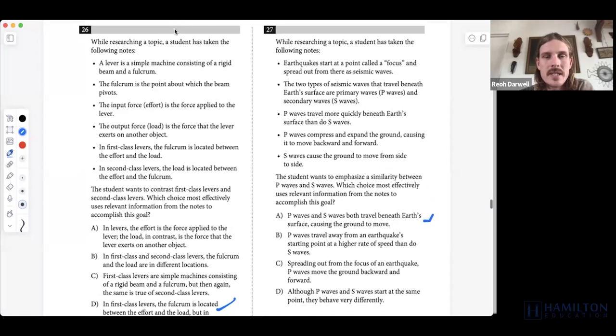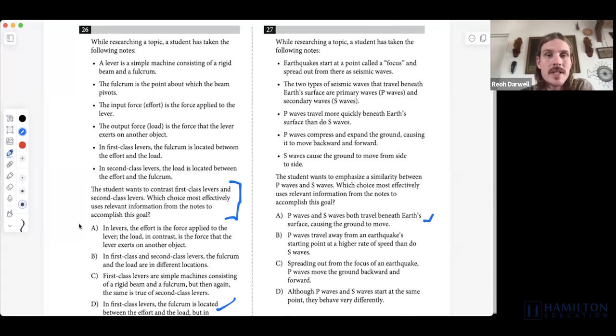Question 26 is a rhetorical synthesis question. This question type is the rare question type that I would recommend looking at the question first. No other question type on the reading and writing should you do that. If you're doing that, you're setting yourself up for traps. And I'd also say you don't have to read the question first here. Maybe it's more something I would suggest if you're running low on time.